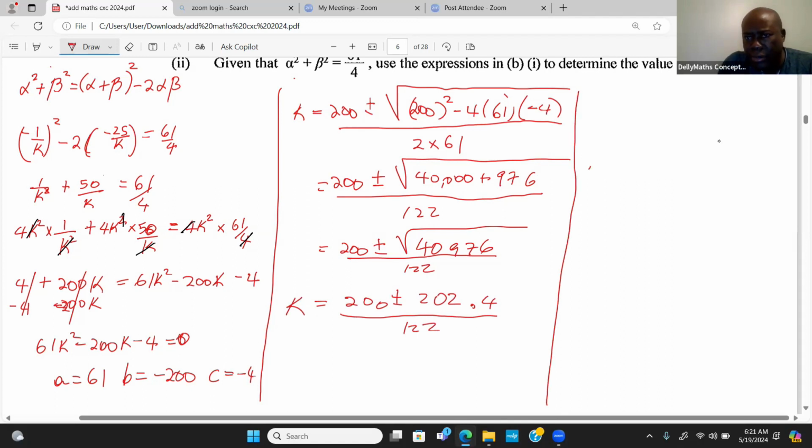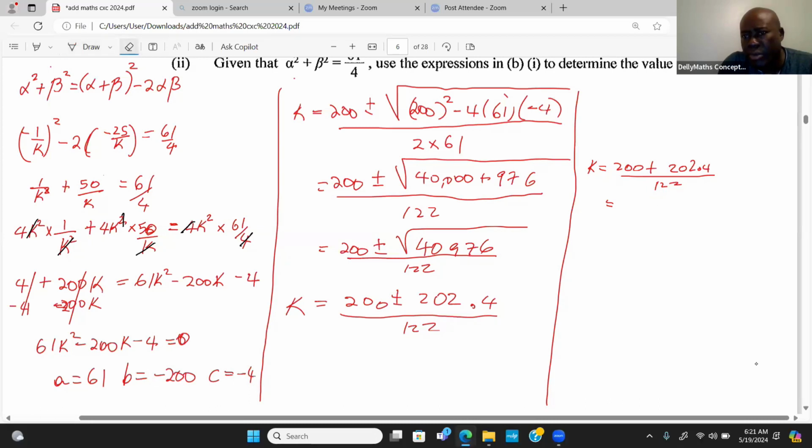Here are the solutions. We're saying that k is equal to 200 plus 202.4 over 122, my bad. That's one of the answers. So this is going to give us 402.4 over 122.